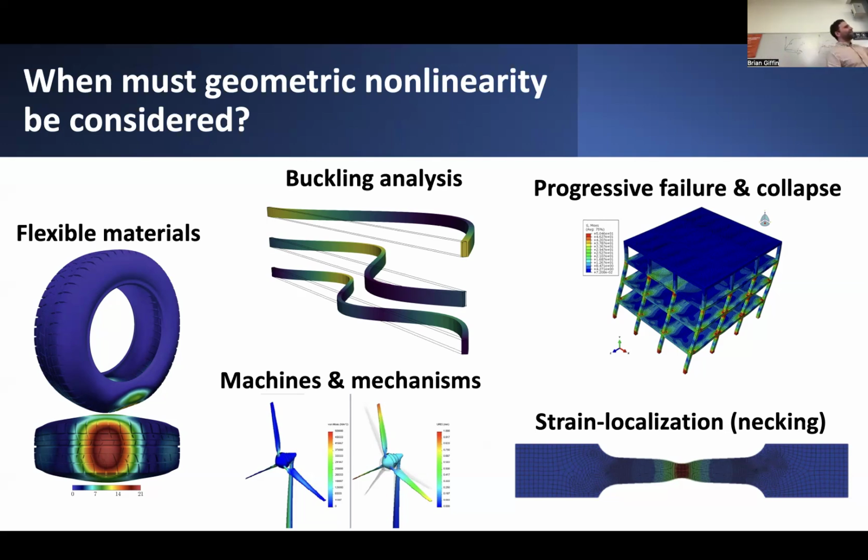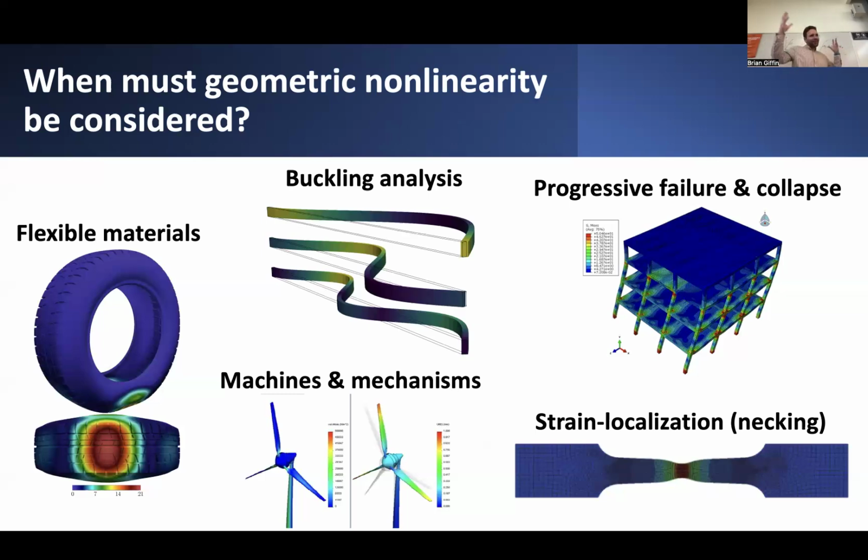Other scenarios where you do need to include large deformation effects are when you're dealing with materials that are inherently flexible or deformable. Typical structural materials in general are not particularly deformable. When you think about steel, concrete, or other materials like that, they don't really deform very visibly under any applied loads.